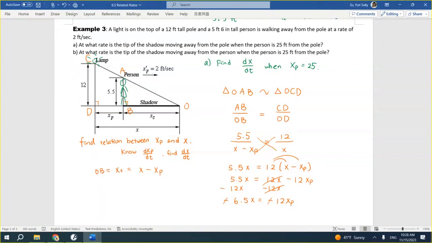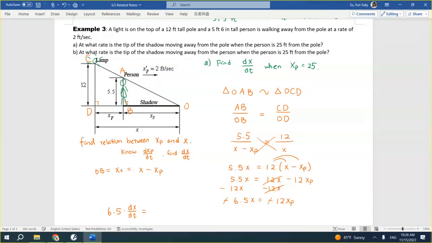Look at the left-hand side. When you take the derivative, what do you get? 6.5. The derivative of 6.5x is 6.5 times x prime, which is dx/dt, right?